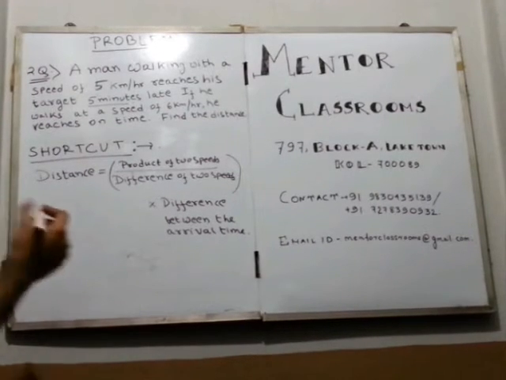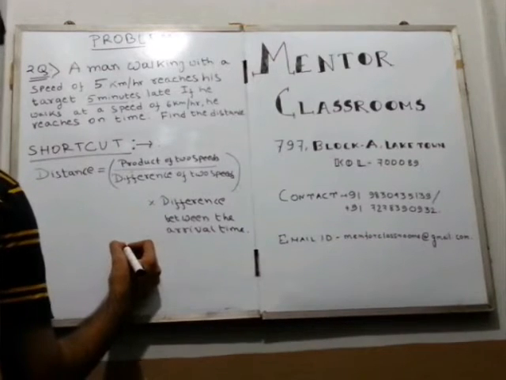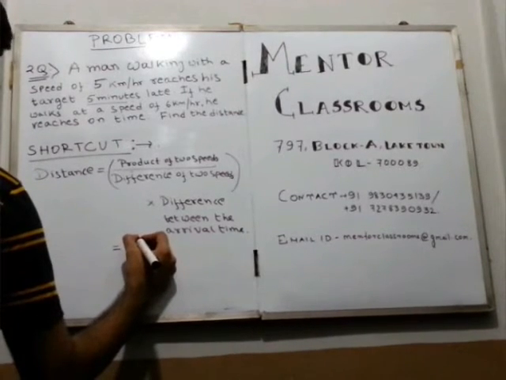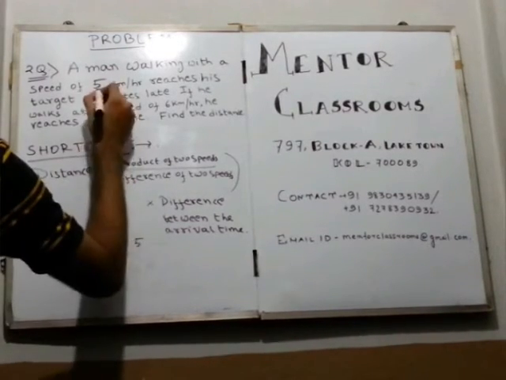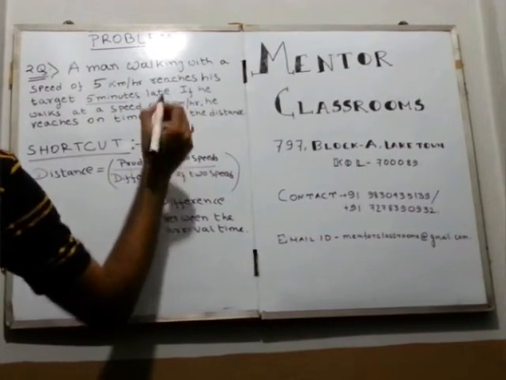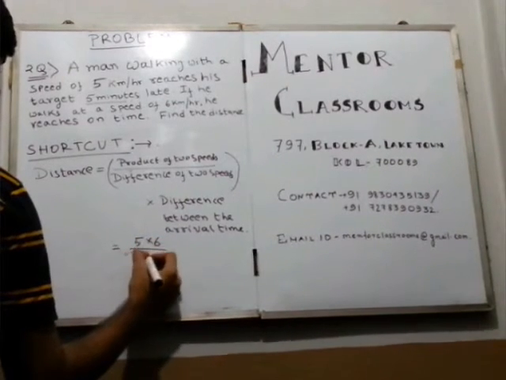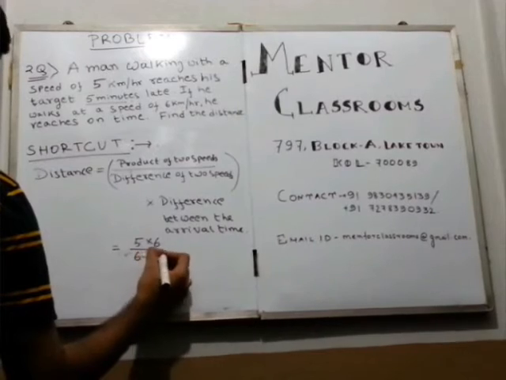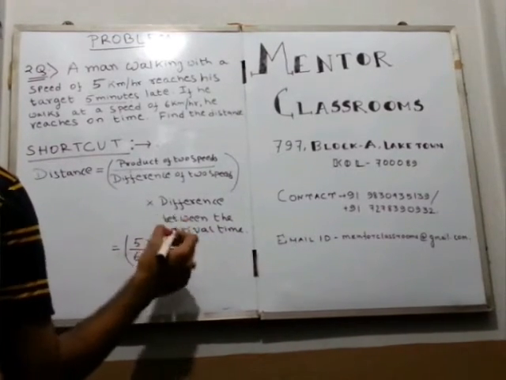Now you can simply perform this step. Product of speed, we have two speeds, 5 km per hour, 6 km per hour. Let's multiply this. We will perform then difference of this speed multiplied by difference in arrival time.